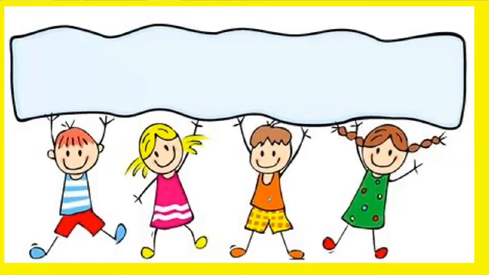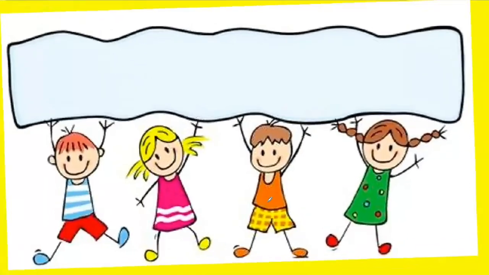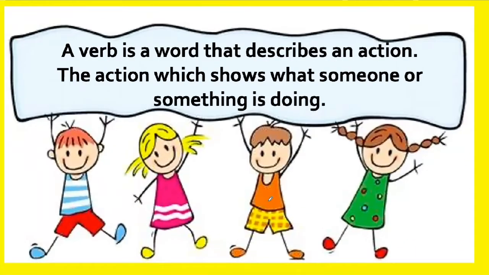Now let's just see the definition of verb. What is verb? As I told you, a verb is a word that describes an action. So it means verb means action.